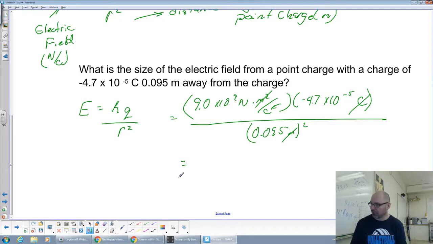Then we multiply that by 4.7. If you leave the negative in there, that's fine. Scientific notation, negative 5. So that's 423,000 over 0.095 squared.